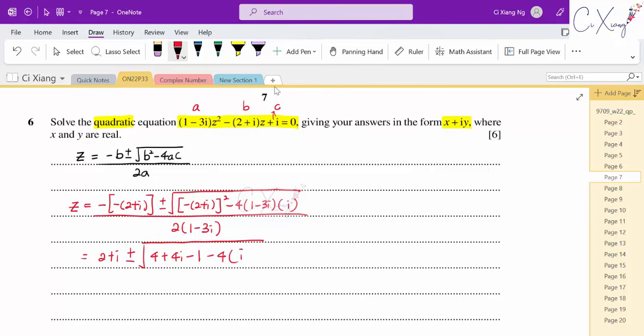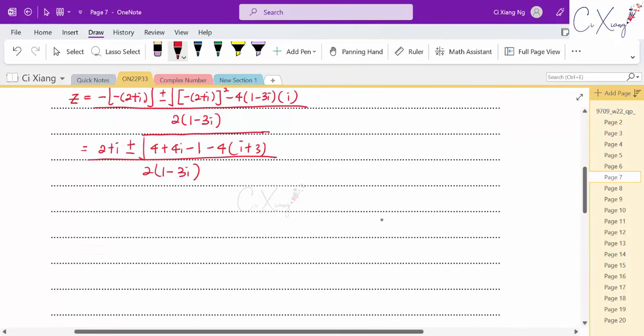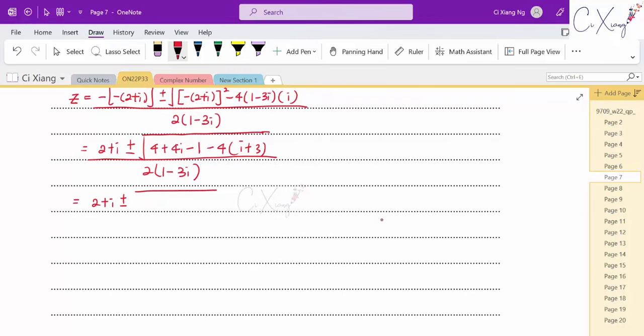I'm having i plus 3, then divided by 2 times 1 minus 3i. Then next step, further simplify again. If I multiply the 4 inside and simplify the whole thing, I will actually get negative 9 here.